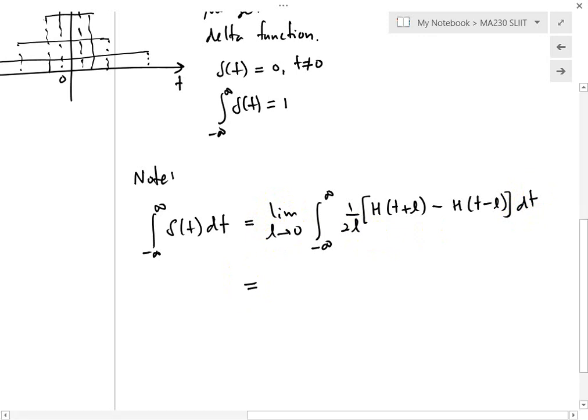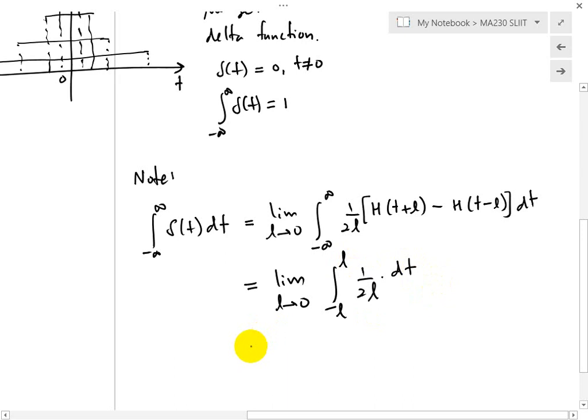Now this is simply the limit as L approaches 0 of the integral from minus L to L of 1 over 2L dt. From minus infinity to minus L the function is 0, so I am not writing that part, and from L to infinity the function is again 0.